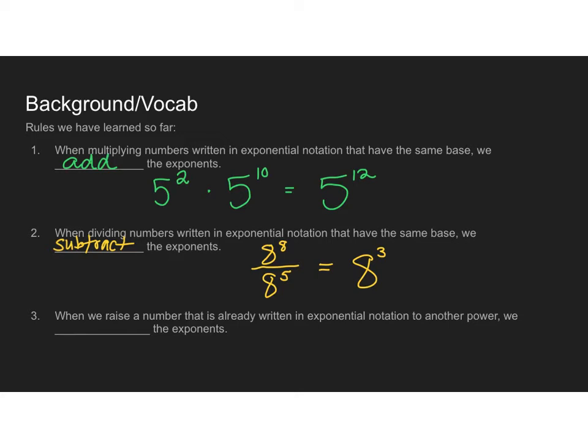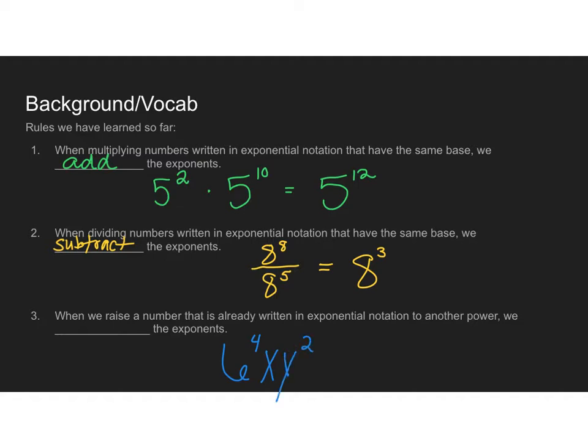And then lastly, the last rule that we learned earlier this week says when we raise a number that is already written in exponential notation to another power, we blank the exponents. So here's another example. Say we have the number 6 to the 4th times x y to the 2nd.